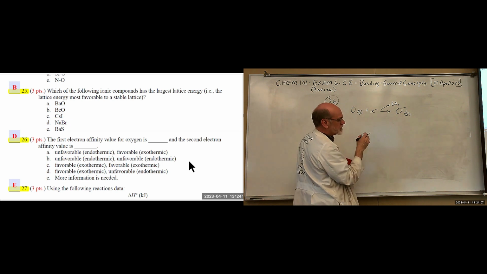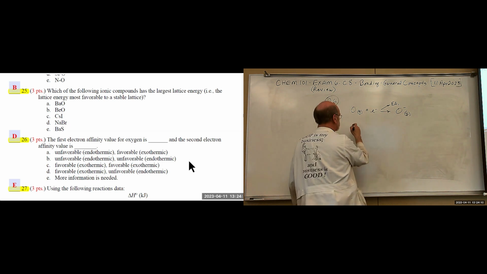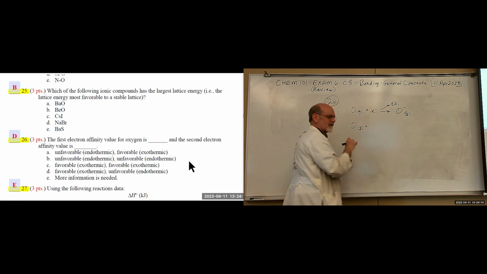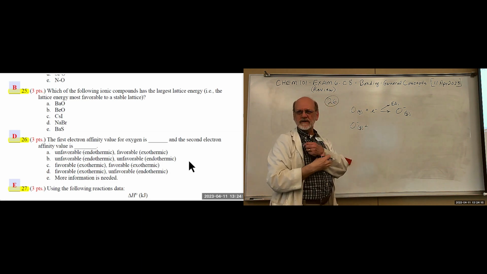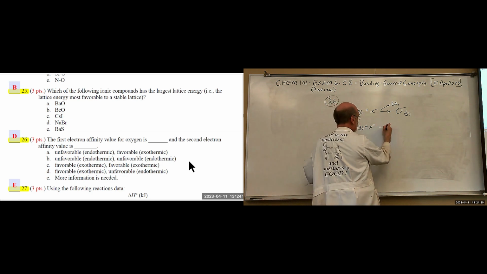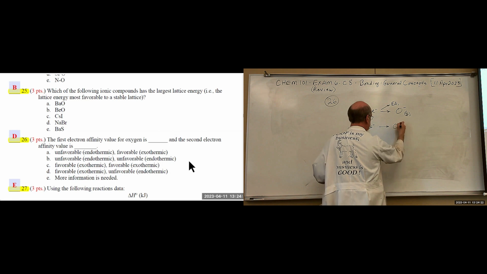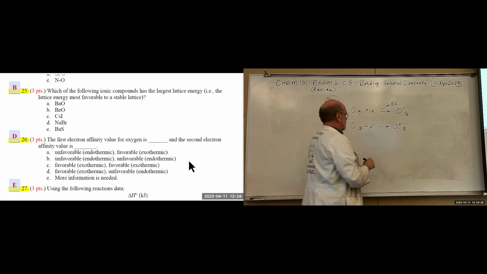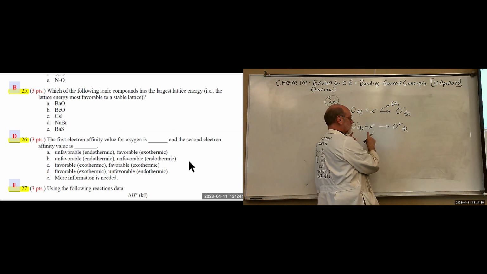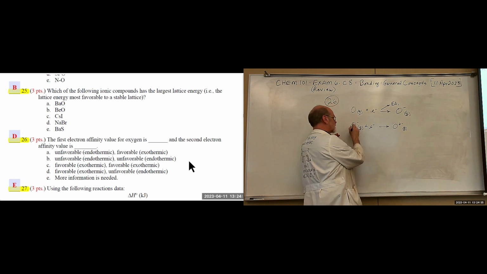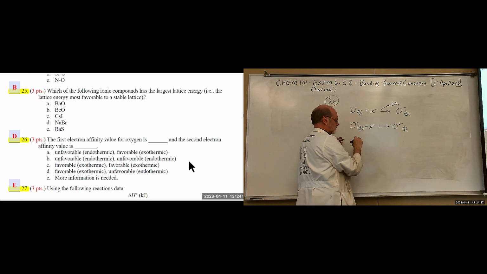And the second electron affinity value would be like this. We didn't talk about that much when we talked about electron affinity. We just did the first one. But the second one is going to do this and make this one. All right. So is this one going to give up energy? The thing about it is, oxygen's already got one electron.